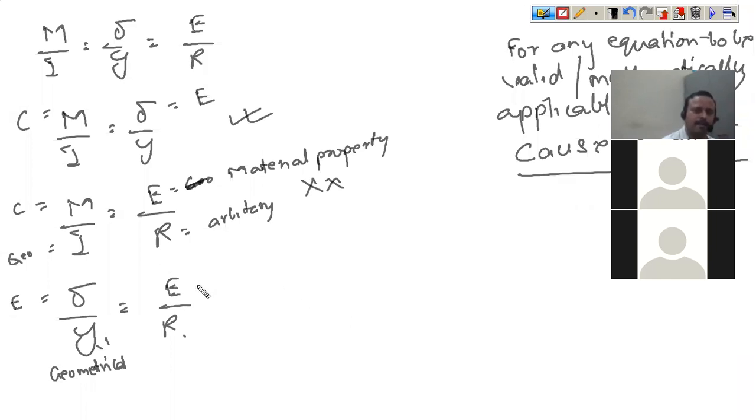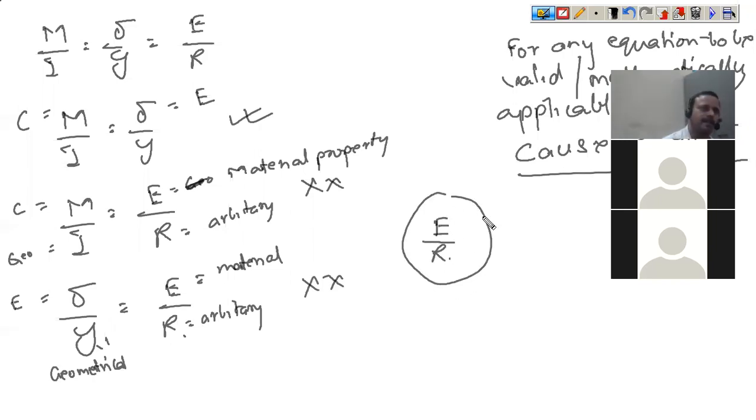Now this is a material property, and this is some arbitrary value. So this cannot be taken as an unjustified mathematical equation. So by looking at this equation, what was the significance of E by R?